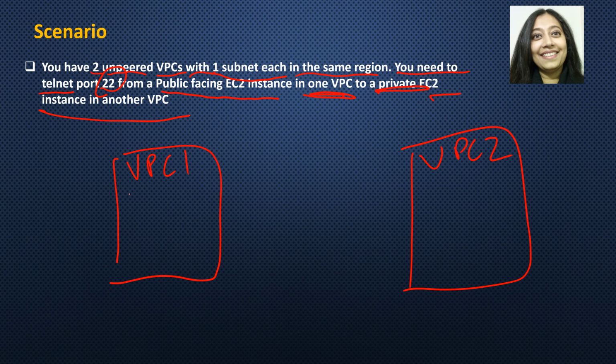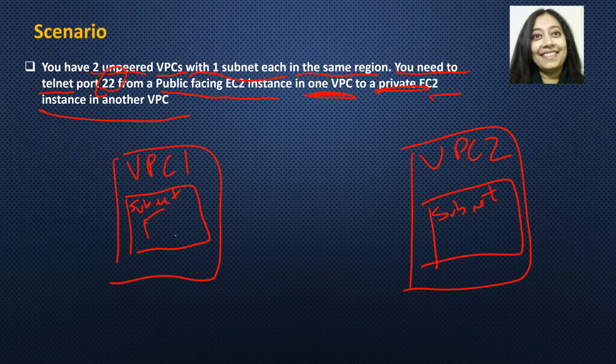They have one subnet each. So this is your subnet, let me just put in subnet over here. Now you need to telnet port 22. Telnet is something very similar to ping. So you need to ping port 22 from a public facing EC2 instance in one VPC. Let's say this VPC, VPC 1, has a public facing EC2 instance.